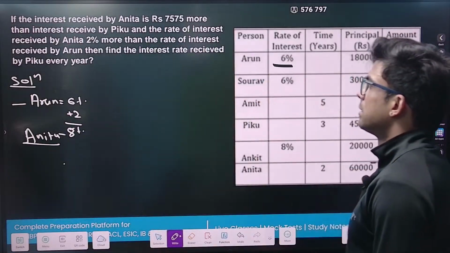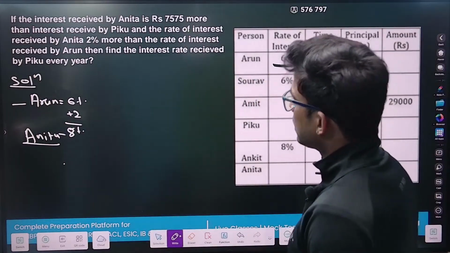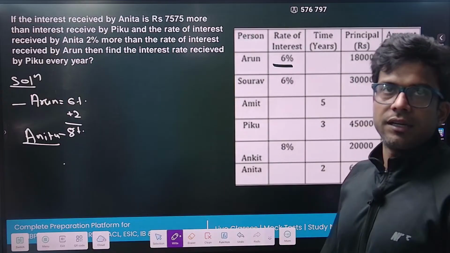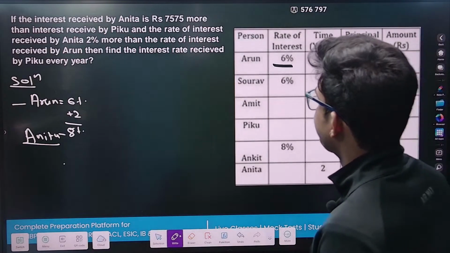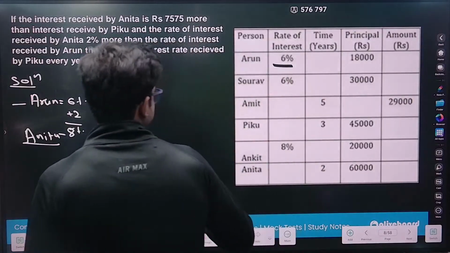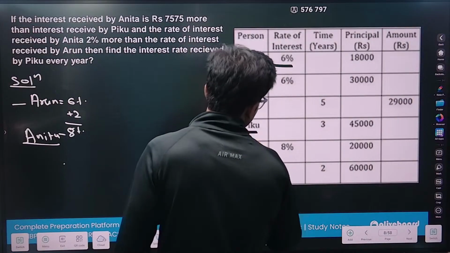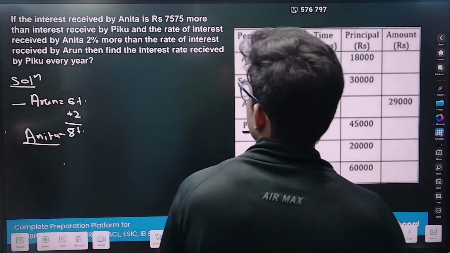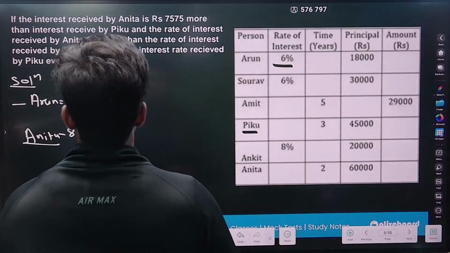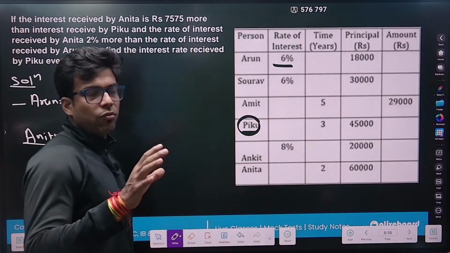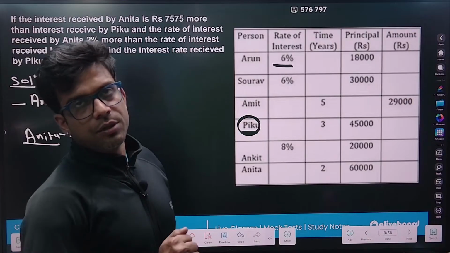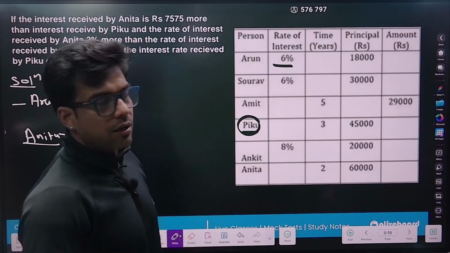Clear? Now the interest received by Anita and the interest received by Piku, but we don't know it. So we want Piku's rate, the value of R of Piku.